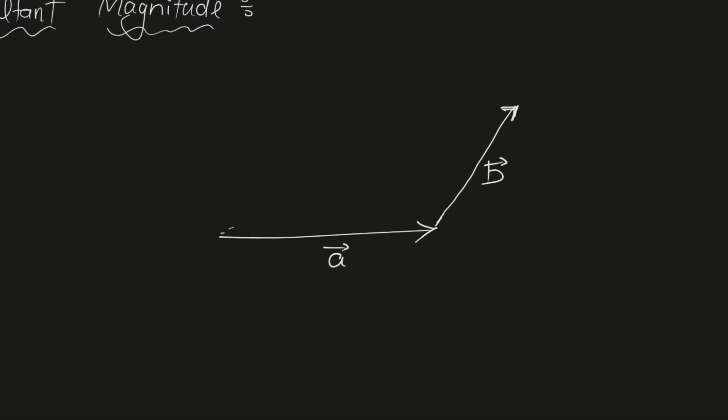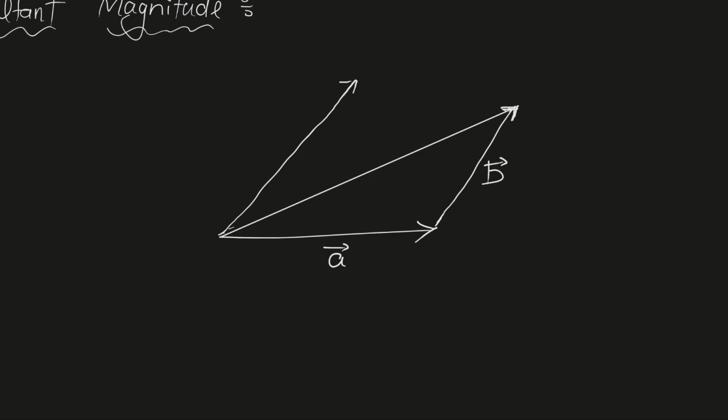This is the resultant of these two vectors, and I have to find its magnitude. I should shift the b vector to this point, taking care that magnitude and direction stay the same.